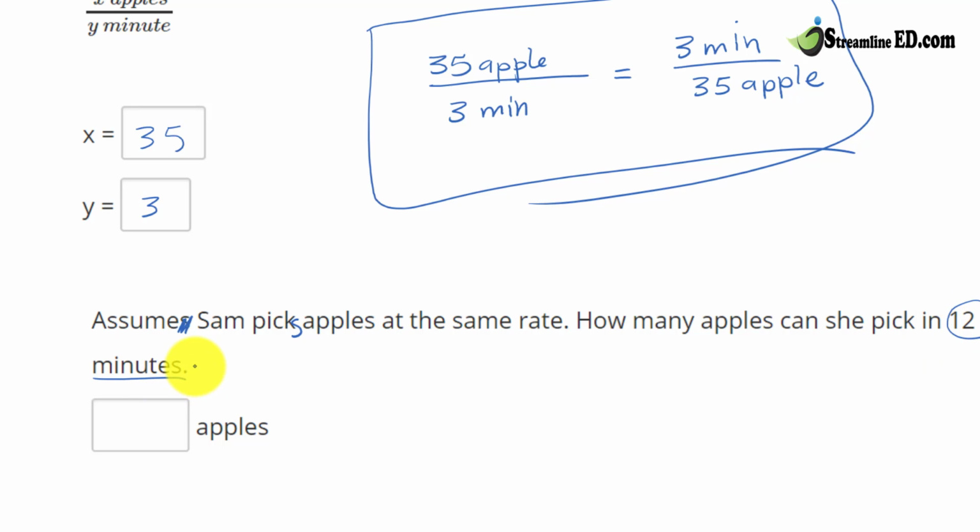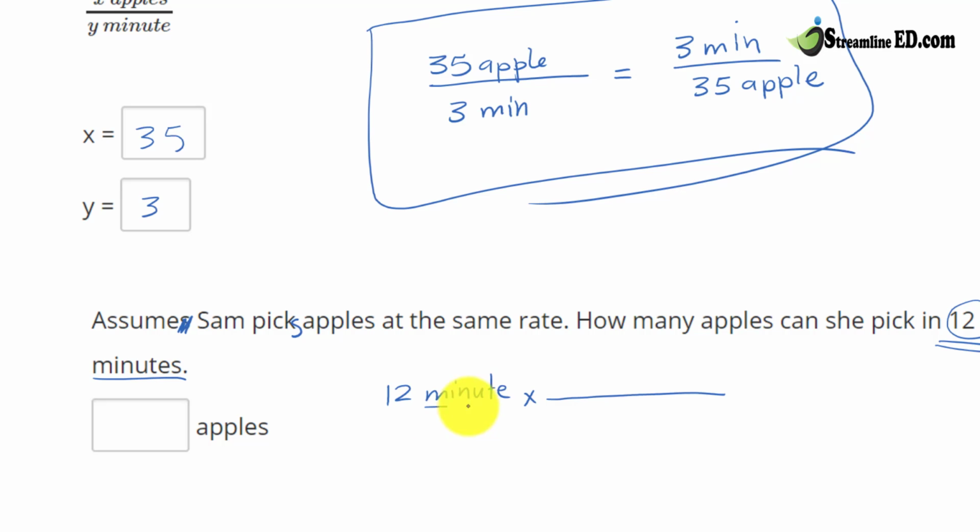Normally you learn how to cross multiply and divide, and when you get to upper division math or science, we have something called dimensional analysis. It's basically converting between units. The way it works is we take our given, 12 minutes, and multiply it by the relationship that allows us to figure out how many apples we can pick in 12 minutes.